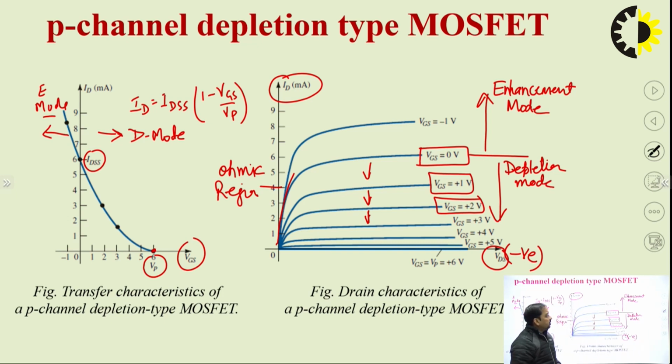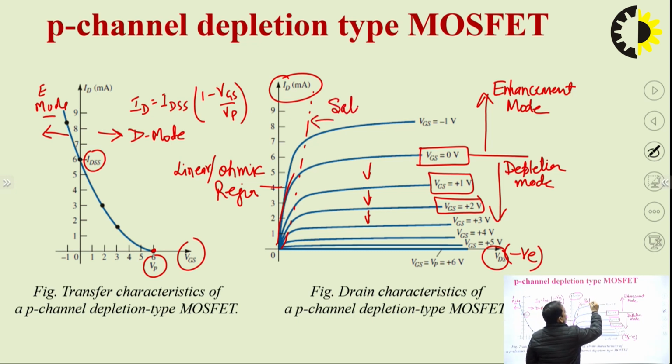After this, we can mark the regions of operation also. First is the ohmic or linear region, because in this region the current increases linearly. In this particular region, the current becomes saturated, so it is termed the saturation region.